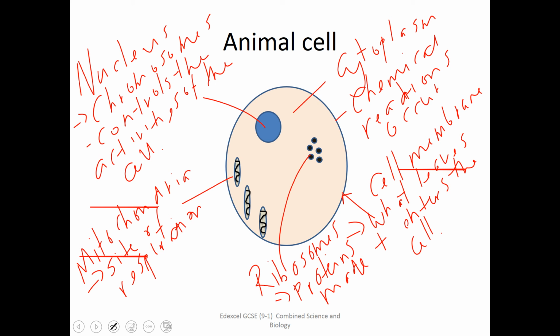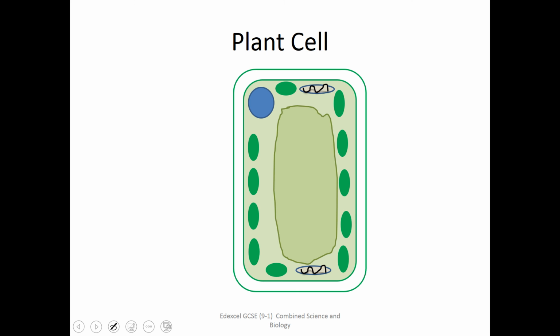The next cell I'll be looking at is the plant cell. This is a general diagram of a plant cell. It's also known as a palisade cell, which is found in leaves. This cell has 3 extra subcellular structures that you need to know about.